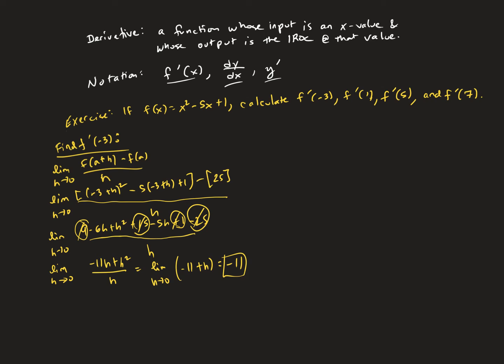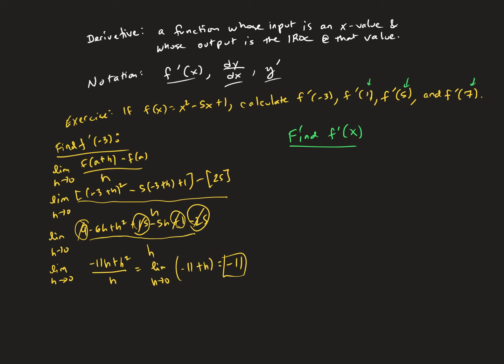Let me give you an example of that with this problem. So instead of going through and finding f prime of 1 and f prime of 5 and f prime of 7, what I'm going to do instead is find f prime of a generic x. So when I go through this process with this generic x, I will get a formula at the end in terms of x that I can then plug in 1, 5, and 7 into to get the slopes.